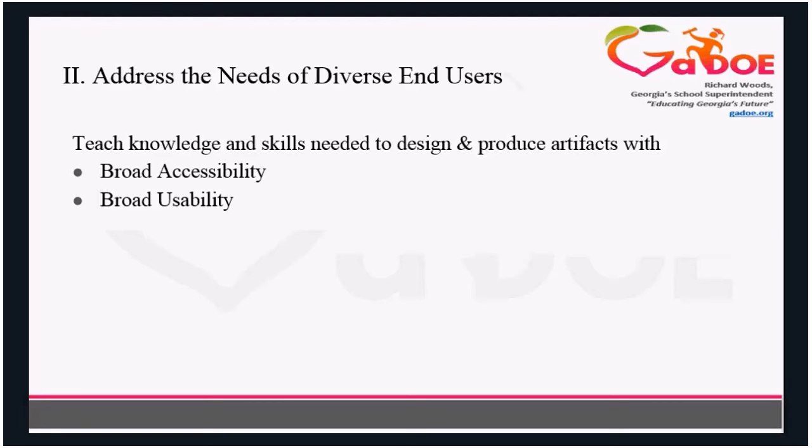So if I'm designing something that is using text, for example, in the K5 level, how big is my font? Am I considering that the end user may have difficulty seeing that size font? Because we know that K5 students, their eyesight is usually superb. So those are easy ones to discuss in the classroom.